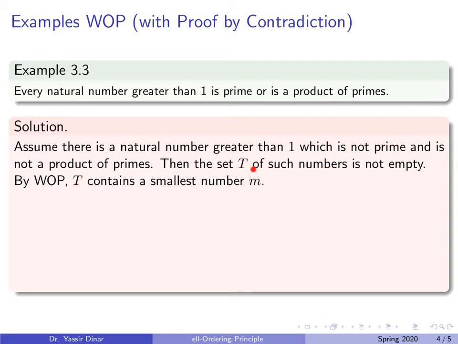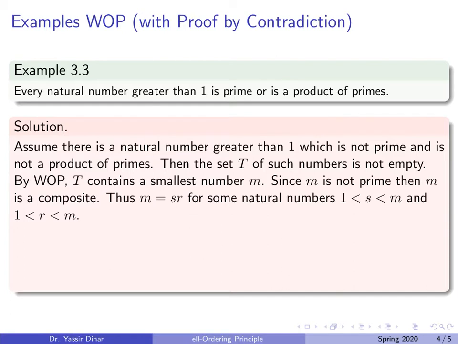That means T contains numbers which are not prime and not a product of primes. Now this set T is not empty by my assumption. So by the well-ordering principle, T is a subset of natural numbers and it's not empty, then T contains the smallest number. We denote it here by M.